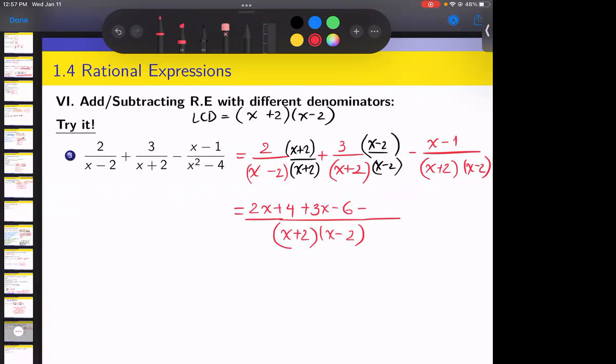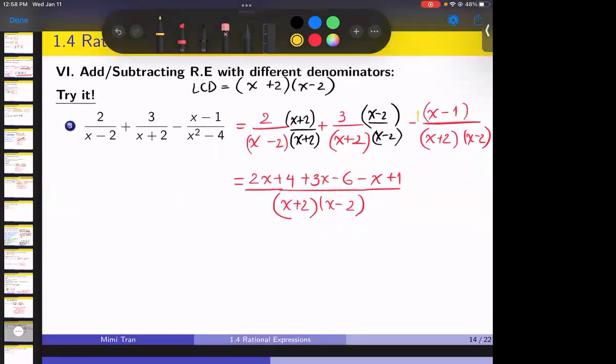Wouldn't it be a minus x and a plus 1? Yeah. There's an invisible 1 here. We don't usually write it, right? So when you distribute a negative 1 times x, negative 1 times negative 1 is positive 1. Just remember, you have a negative in front of the parentheses, it changes sign. I have 2x plus 3x, which is 5x, minus x, which is 4x. And then 4 minus 6 is negative 2, plus 1 is negative 1.